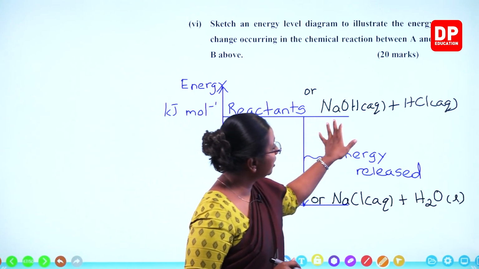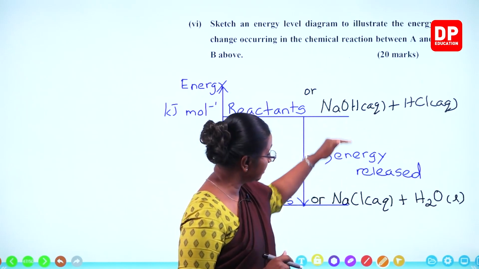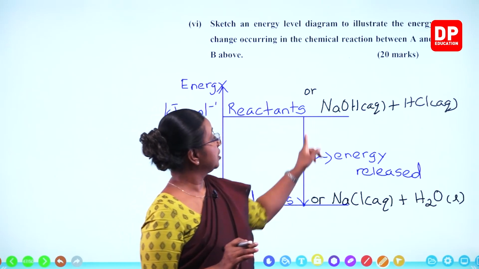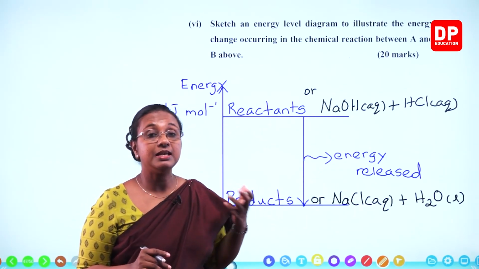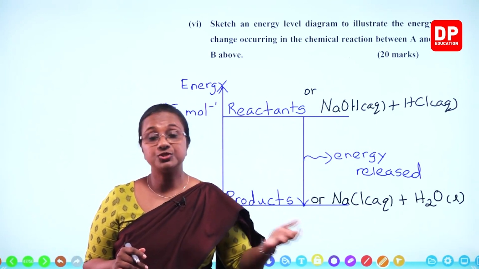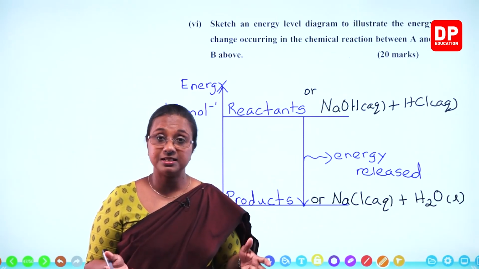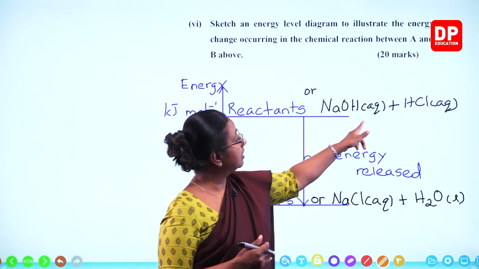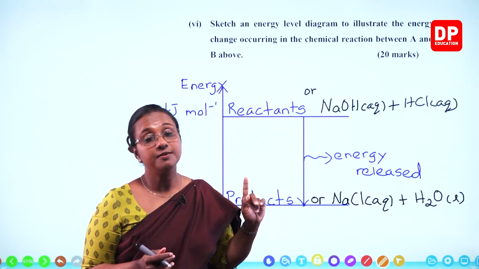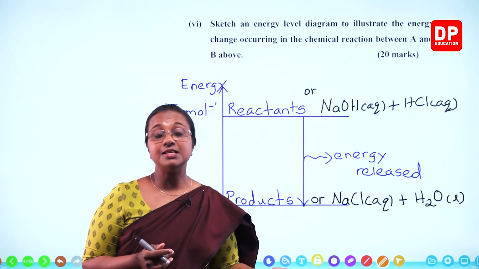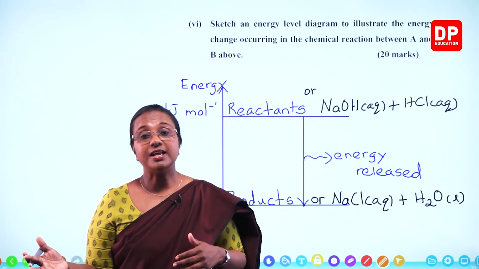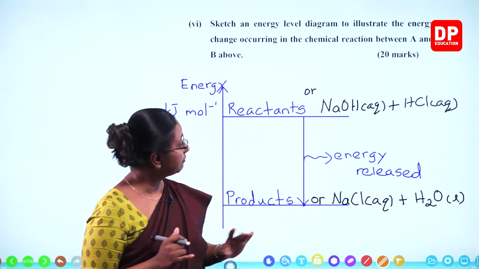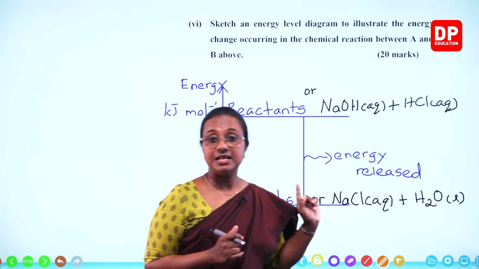Because if you use NaOH aqueous and HCl aqueous, the heat change is a particular value. If you used sodium hydroxide pellets in the solid state, then of course the heat change will be different. What is the reason? Because there is a heat change associated with the dissolving of NaOH in water. So that also will release heat. Then the final heat change will be different. So because of that, you have to specify the physical states as well.